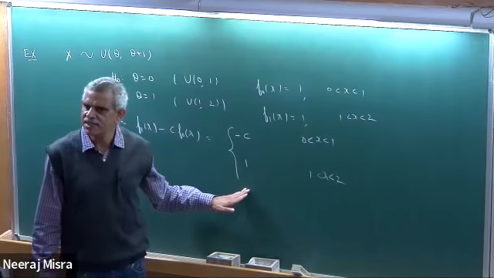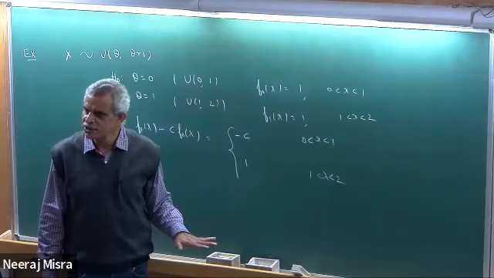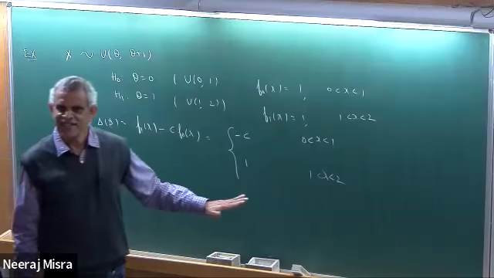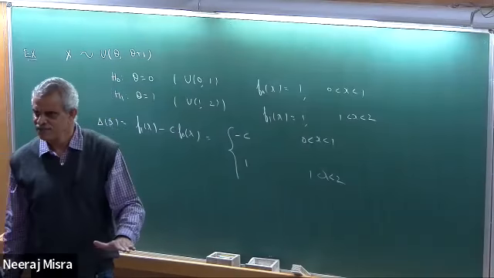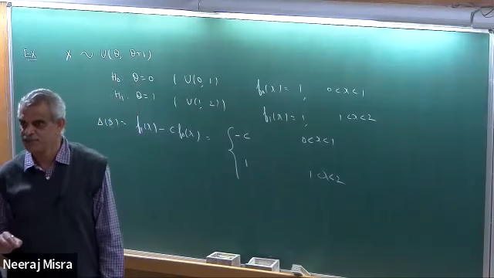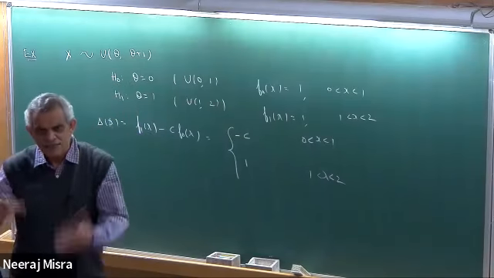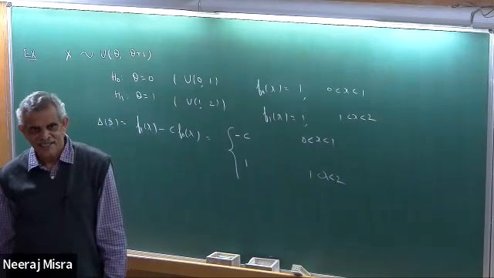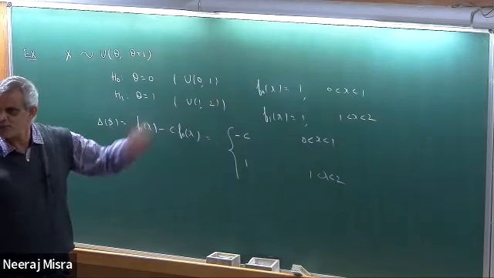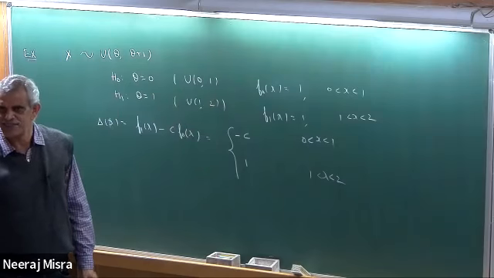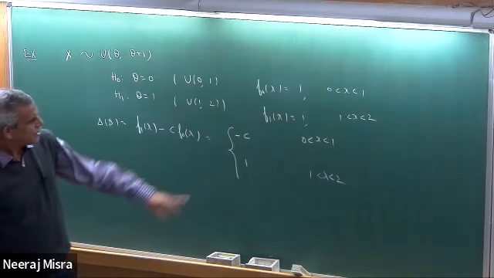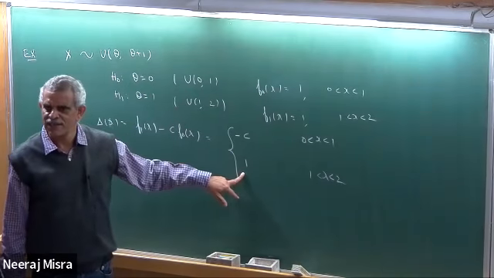Here f1(x) minus c f0(x) is positive, so I cannot do anything about it. Here my phi(x) has to be 1, that means reject H0 with probability 1 if x is between 1 and 2. And that is what your common sense demanded, right? Because if x is between 1 and 2, there is no scope that H0 can be true, because H0 has support (0, 1). So in this case, my phi(x) has to be 1.